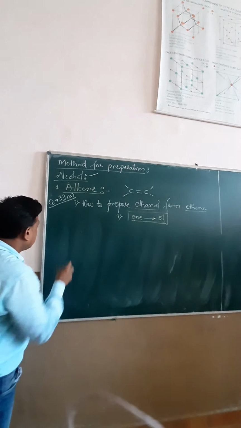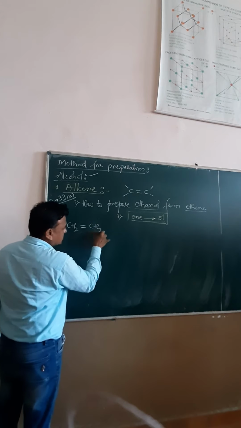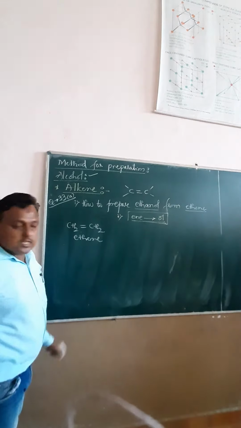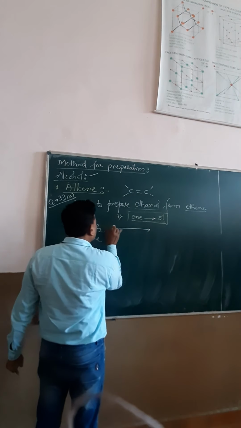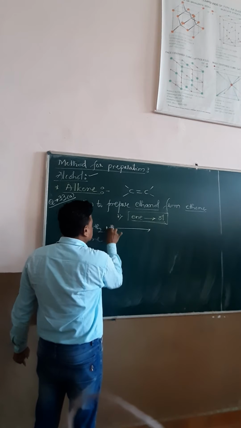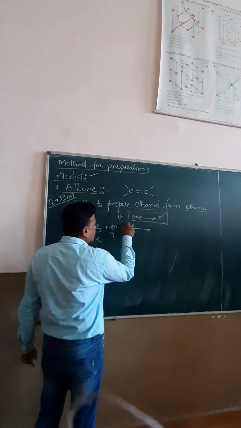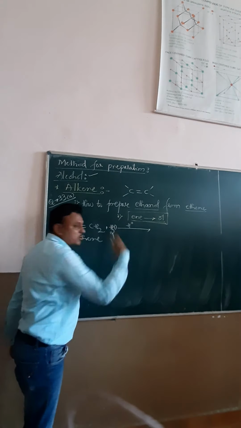How to prepare? Very simple. Consider this example, CH2=CH2 with a double bond. The name of this compound is ethene. Ethene undergoes hydrolysis, which is nothing but addition of water, in the presence of acid, commonly called acid hydrolysis.